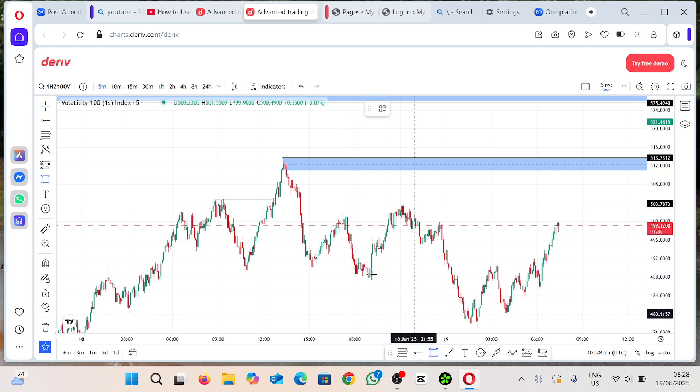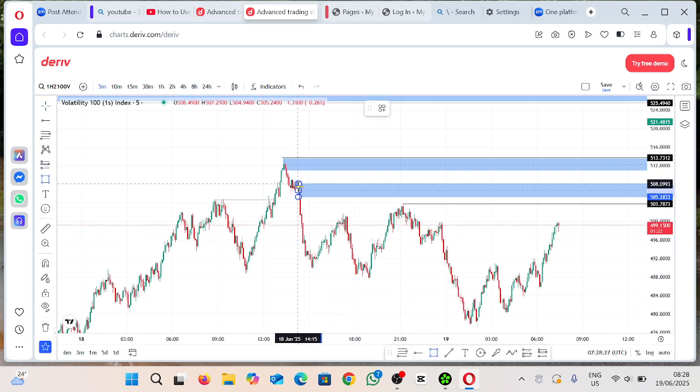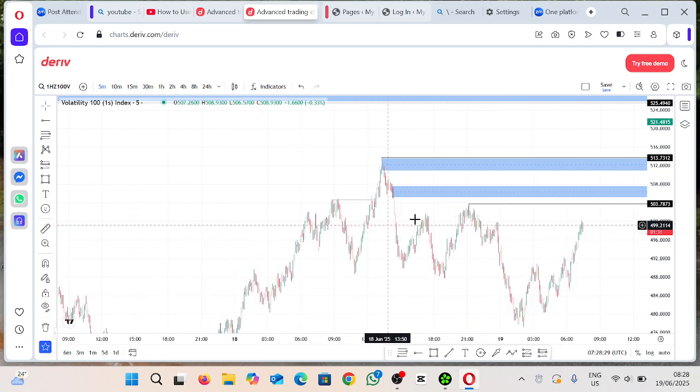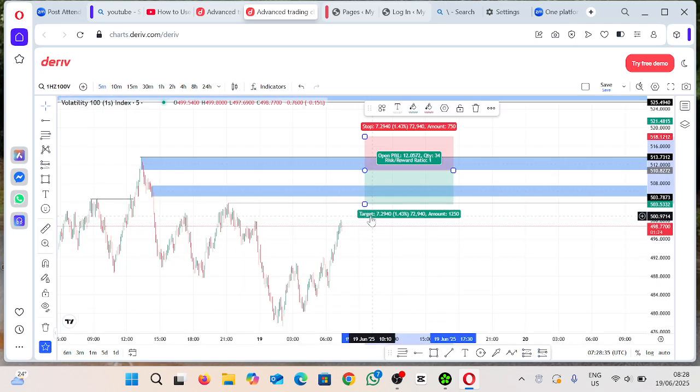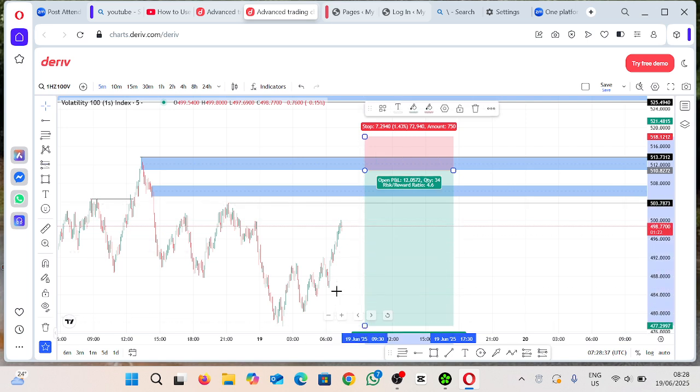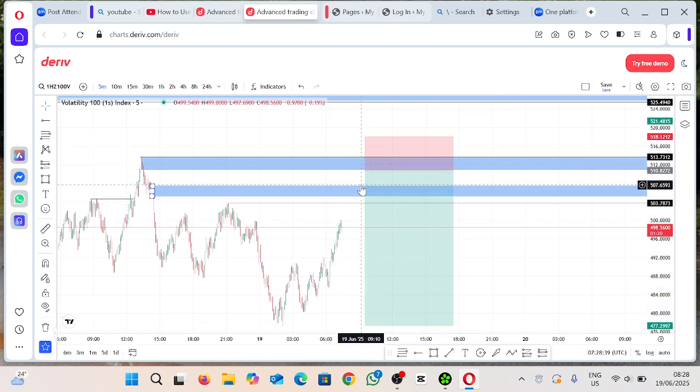We have another supply here. Okay, and this is the target. The target is here. If price sells from here, fine. If it gives confirmation here, we will enter the sell. If it gives confirmation here, we enter the sell.